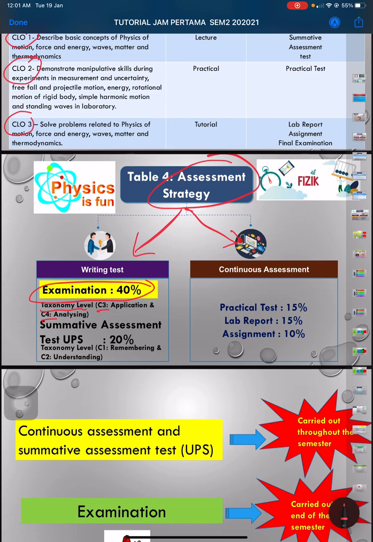Then summative assessment from the UPS test is 20%, with Bloom's taxonomy level C1 and C2, remembering and understanding. So you will get 60% here. Continuous assessment is practical test 15%, lab report 15%, and assignment 10%. Actually, you get 40% for continuous assessment.